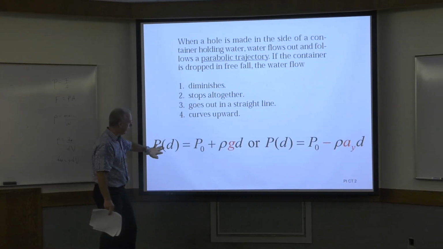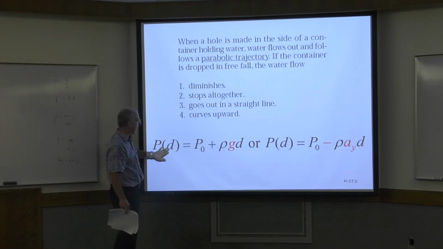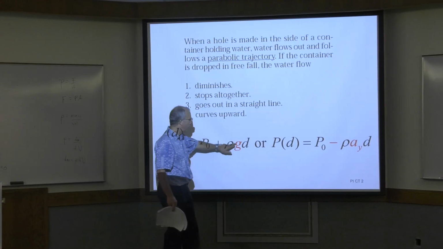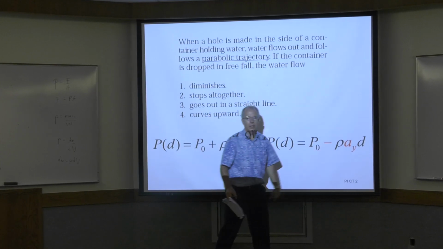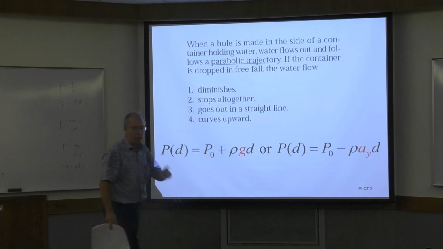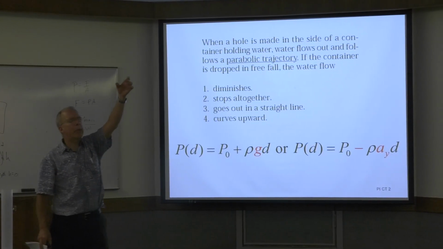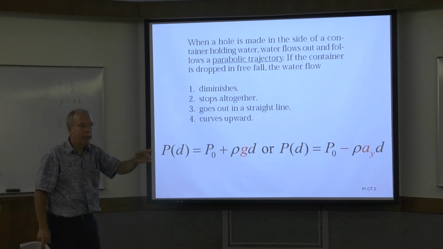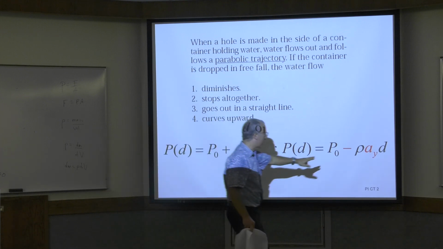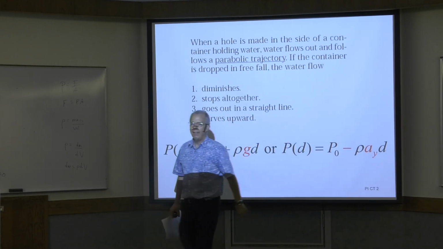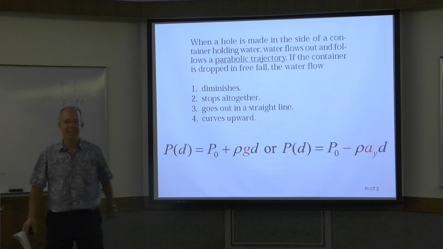Okay, and I gave you a huge hint. The pressure varies with depth. So the pressure at any depth equals atmospheric plus rho g d. But what's g? It's just the acceleration of gravity, right? You know, a sub y. So here's what you want to think about. When you're dropping the cup, in the reference frame of the cup, what is a sub y? It's a Physics 121 question.